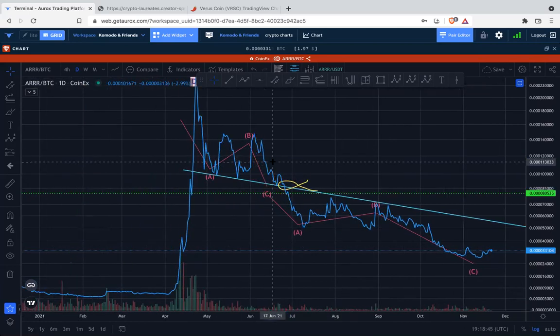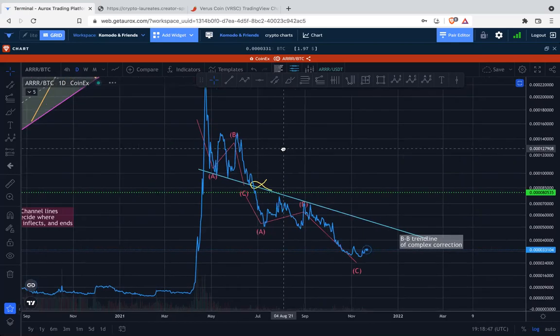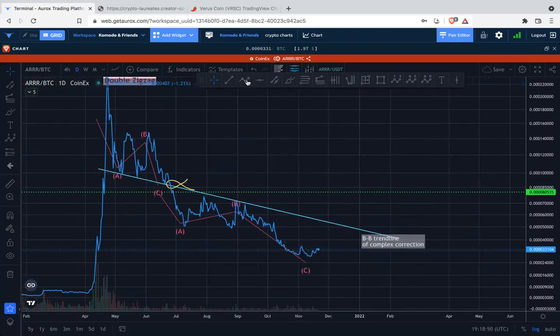However, when we take, oh, and by the way, just for future talk, the next move is likely to be fighting around here. Maybe it's not here, maybe it's here, but it could even be up in here. In fact, I wouldn't be surprised if we're at 5,000 Satoshis by beginning of December, and then maybe it continues back down to confirm this bottom as Bitcoin ramps up, because this is the BTC price chart.